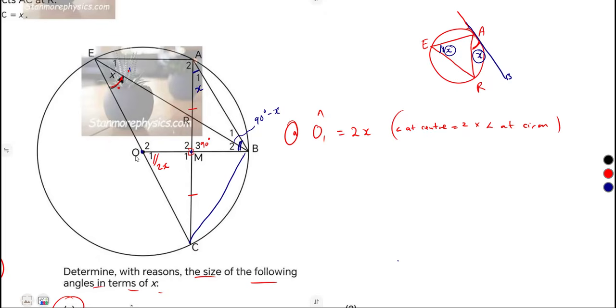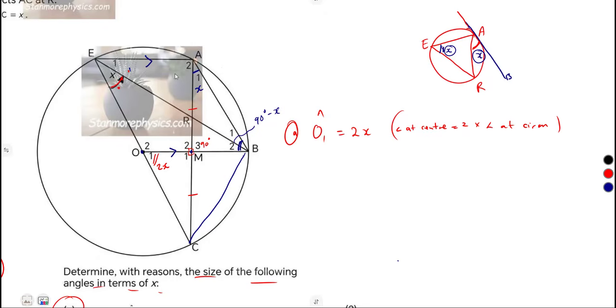M is already the midpoint. So if these two points are midpoints, then the line O to M is going to be parallel with the line from E to A. That is from our midpoint concept.